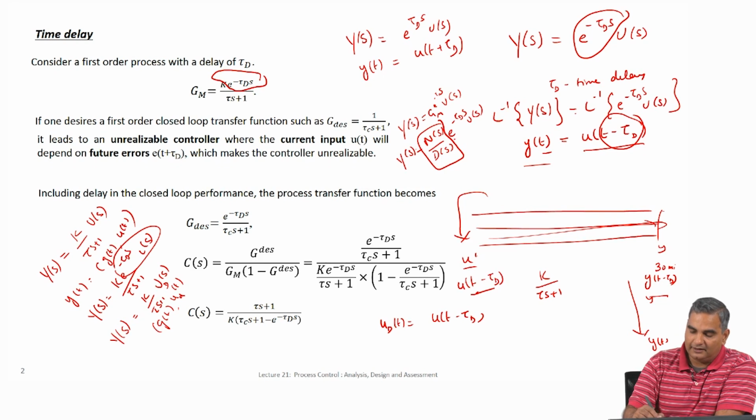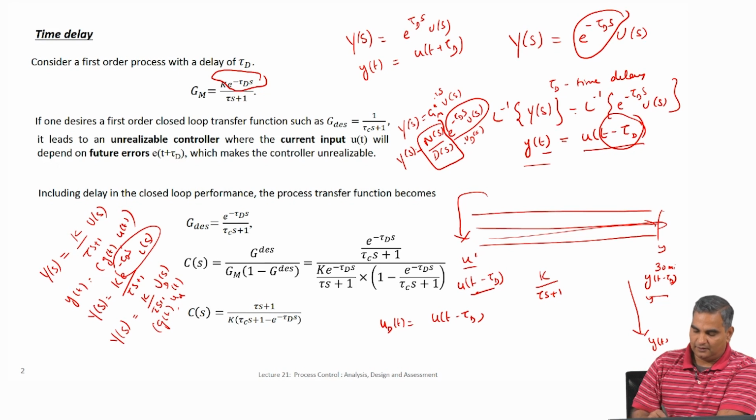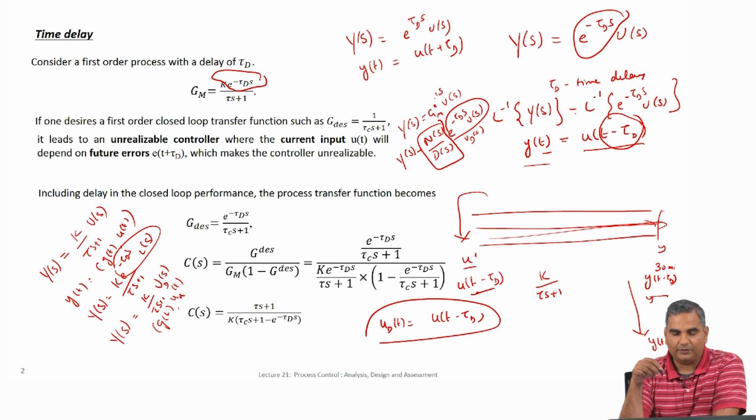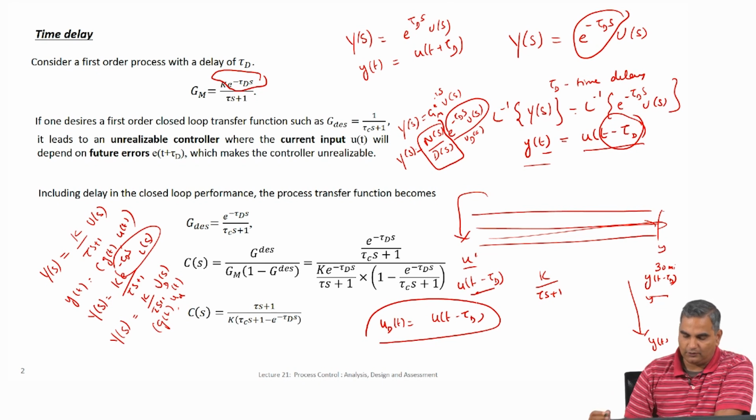Except that instead of calling this U(s), I will call it U_d(s), and in the convolution integral wherever I have u(t), I will replace it by u(t − τd). So finally when we do the inversion, it is simply a convolution with u(t), but I am going to make it u(t − τd).